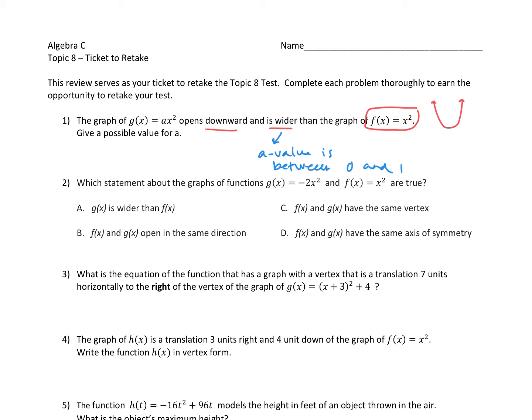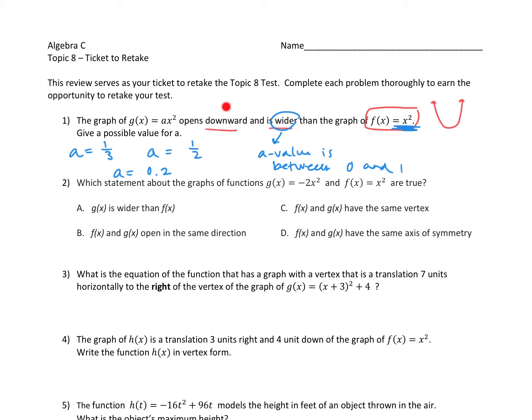And they say if your a value is between 0 and 1, it will be wider than this parent function right there. So any a value between 0 and 1. So I don't know, maybe a could be 1/3, or a could be 1/2, or a could be 0.2. We could use a decimal as well. So that takes care of it being wider. So all of these a values are wider than our parent function.